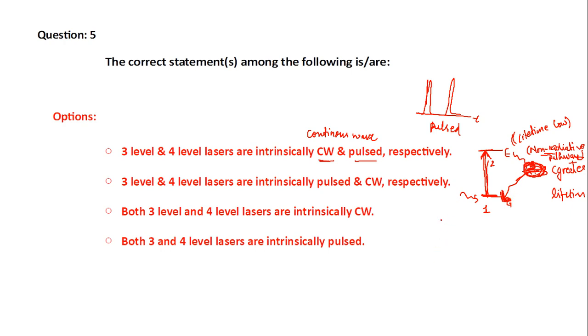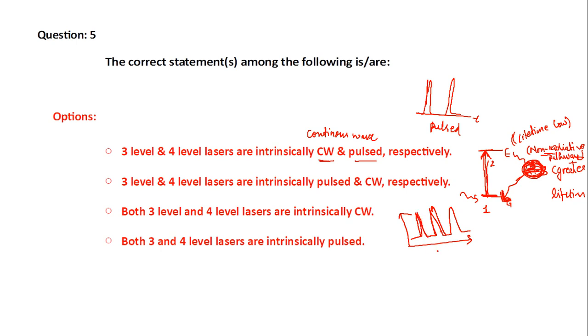So in this case, the laser light would be in the form of pulse. Why? Because this state may take some time to get populated, and therefore this type of laser, the three level system, will be in the form of pulse. With respect to time, it will give a plot like this. It has a single peak, a maxima, and then comes the decay.